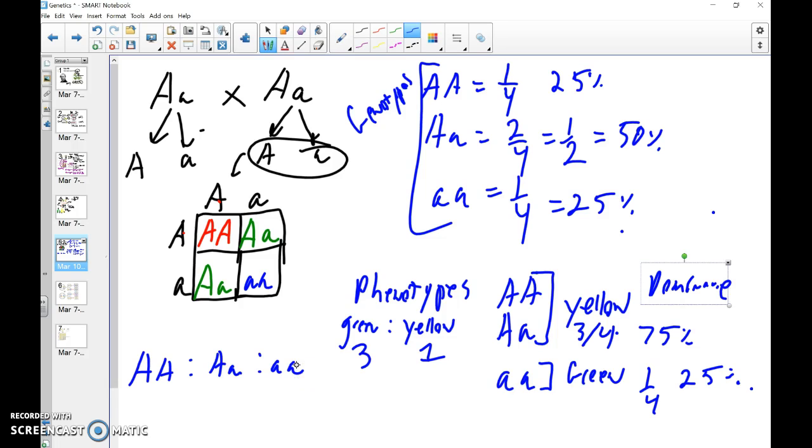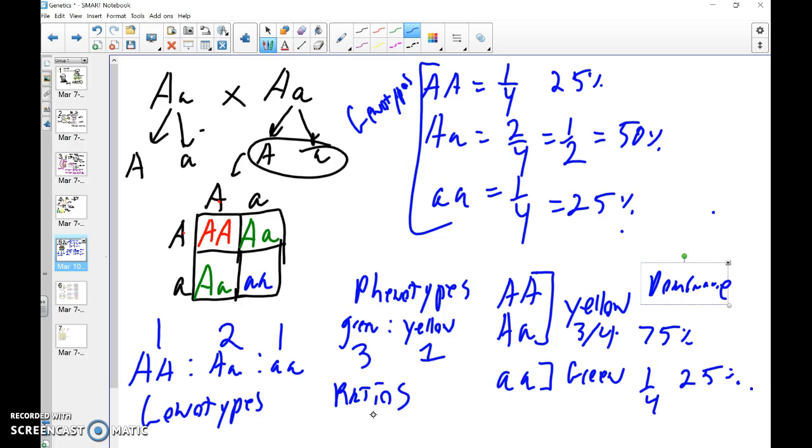So the way to look at this is, for every 1 big A big A, I have 2 big A, little a's, and 1 little a little a. And so that is how we represent the genotypes. And these two things are known as ratios.